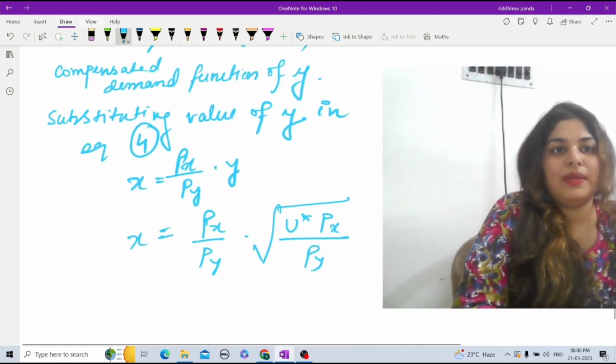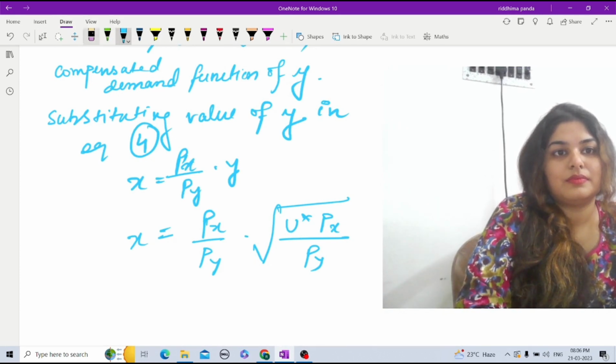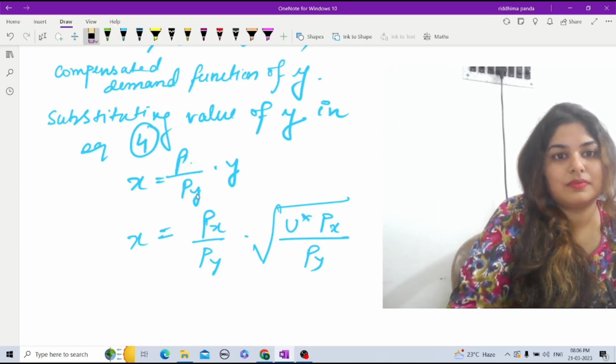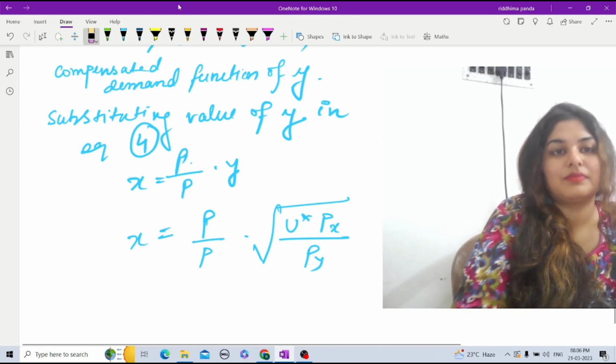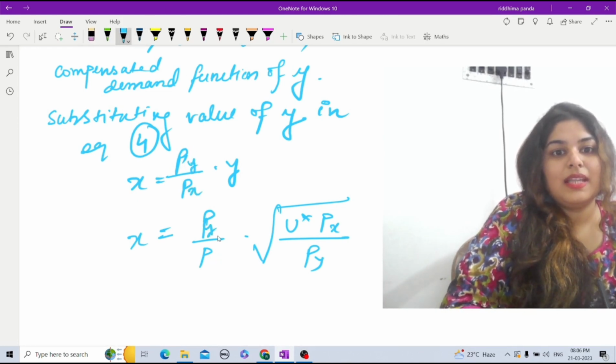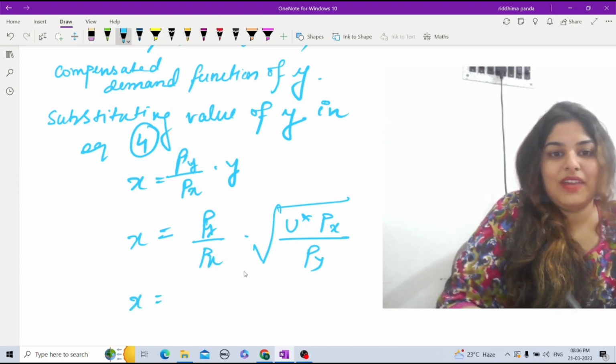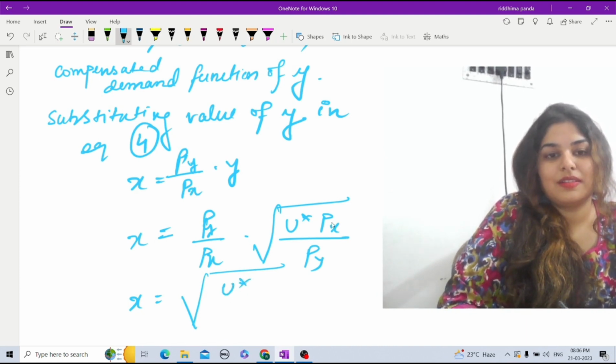Okay, this is py by px, right? Now let's simplify. What do we get? If I simplify, I get root over u star py by px.